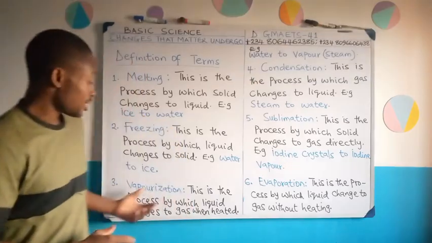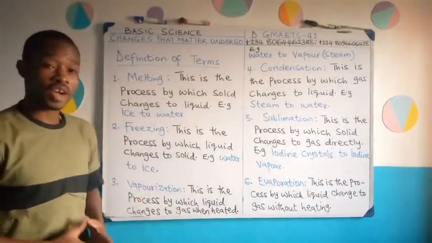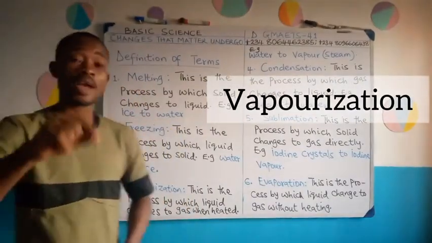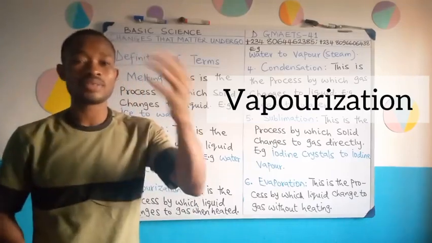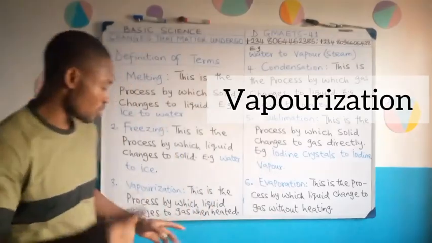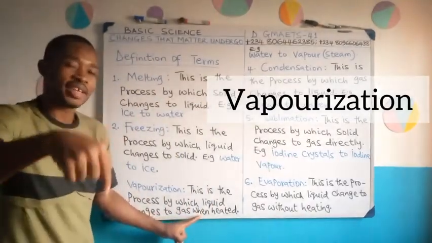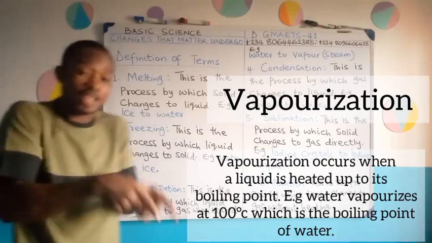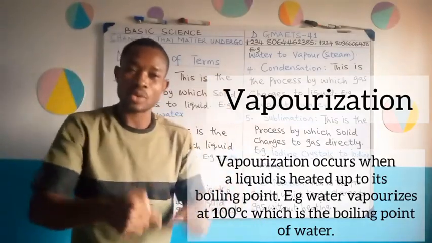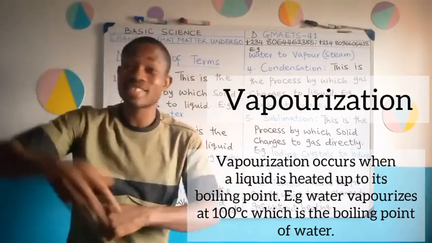Okay, the next term we want to define is vaporization. Vaporization is the process by which liquid changes to gas as a result of heating. Are you following? So remember that when you're talking about vaporization, you must heat. You will have to heat that liquid before it will change to gas.